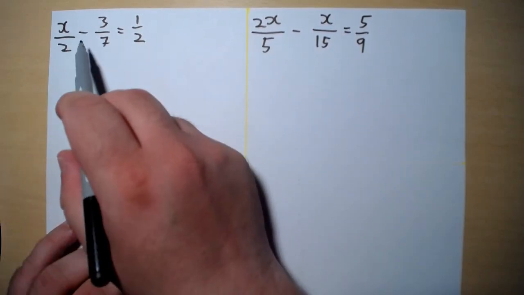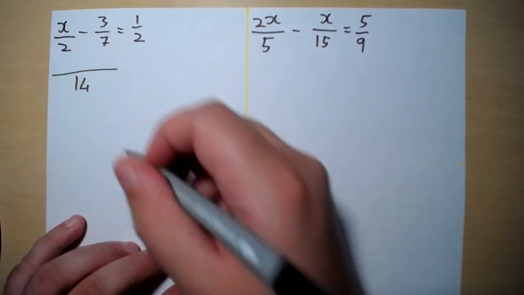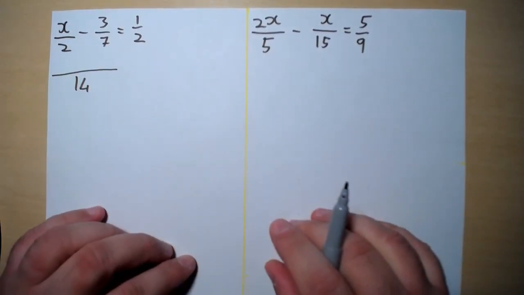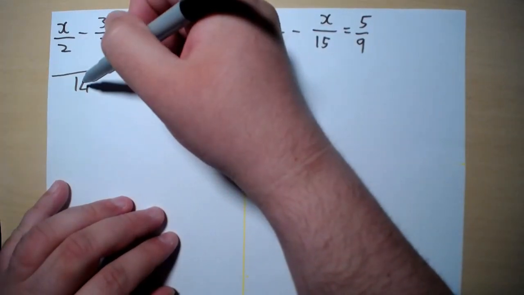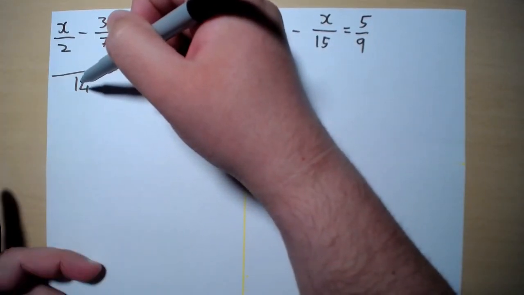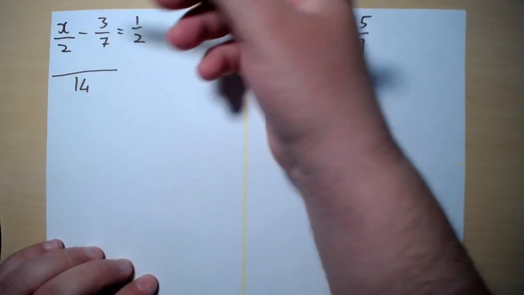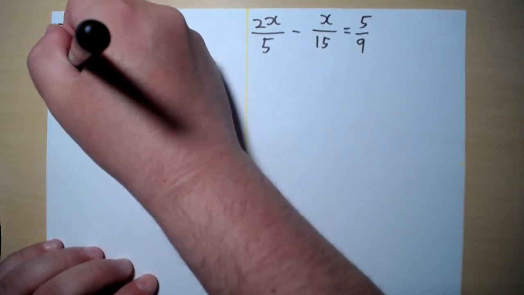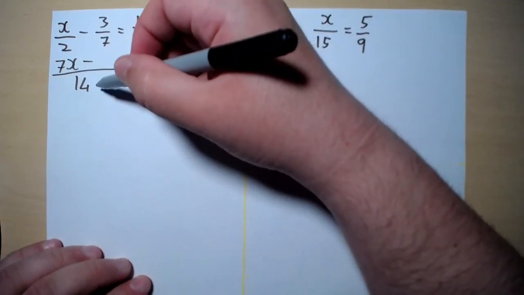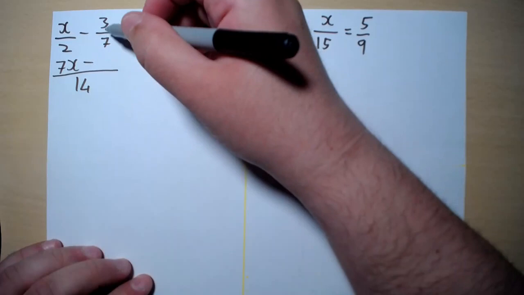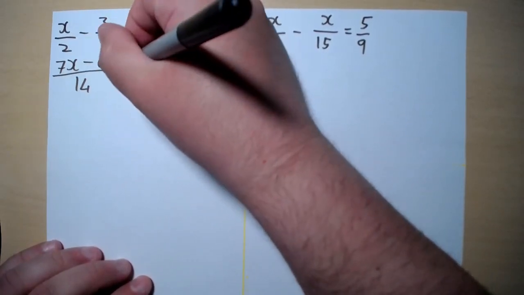The common denominator is 14, which is the least common multiple as well. To get 2 into 14, we have multiplied by 7, therefore we'll multiply the numerator by 7 as well, so we have 7x minus, and to get 7 to 14 we have multiplied by 2, so we'll multiply the numerator, so 3 times 2 is 6.